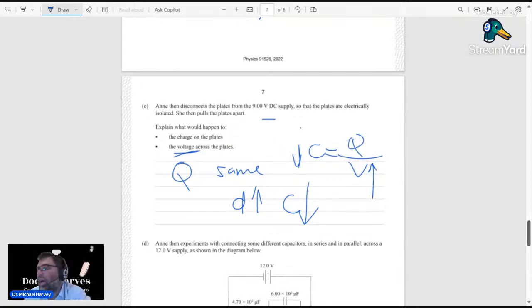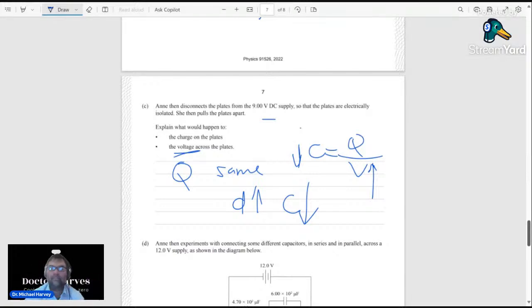Then she pulls the plates apart, so the distance between the plates increases. What happens with the charge on the plates? Because there's no voltage pushing any of the charges anywhere, the charges on the plates stay exactly where they are. So Q stays the same.